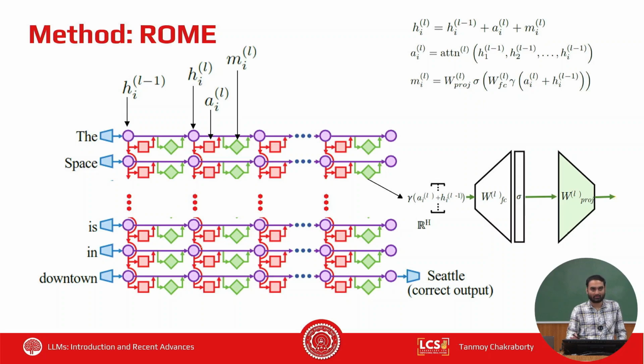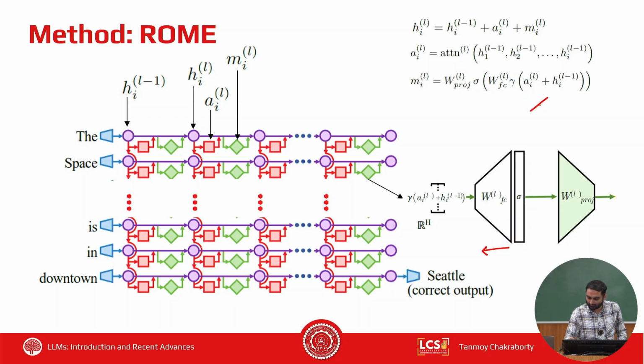I told you in the Grace lecture that the MLP, the multi-layer perceptron, is a combination of two feed forward layers. The first feed forward layer is called W_FC^L, where L is the Lth layer.